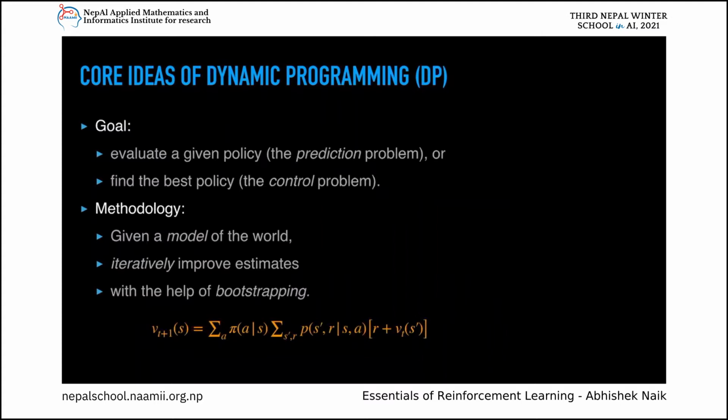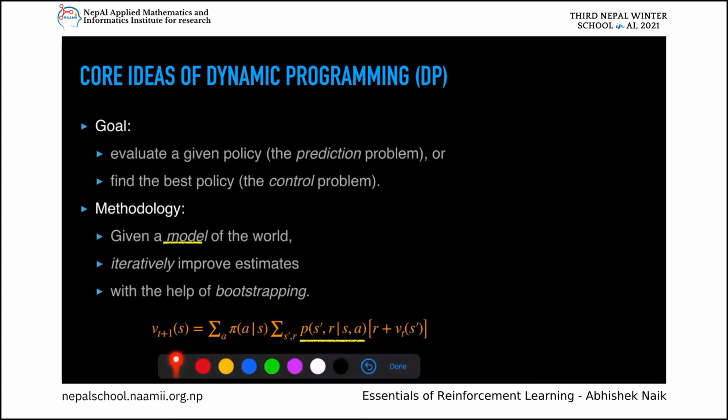This was what we had. Given a model of the world, that means what happens if in a certain state I take a certain action, what is the next state and reward, right? That basically encapsulates a model of the world, that I can just use this model to predict what will happen when I take an action A in some state S, right?